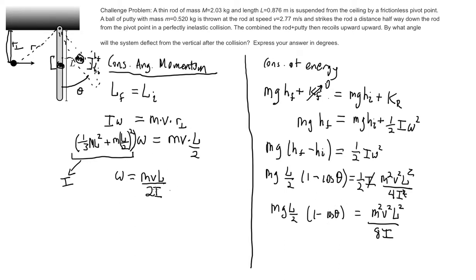At this point, it's just algebra. The physics is done, and I hope you can execute it through and calculate the actual angle of deflection. So good luck with that and the rest of your assignment, and have a great week.